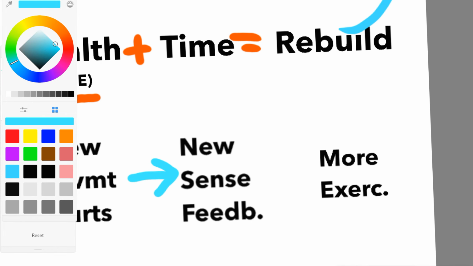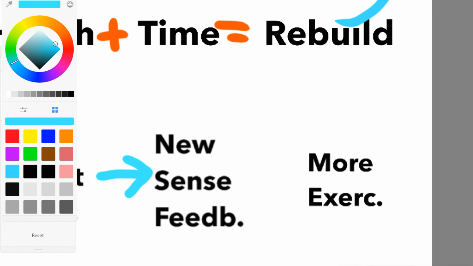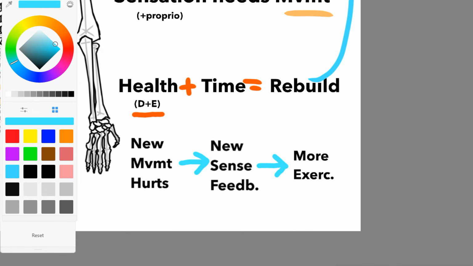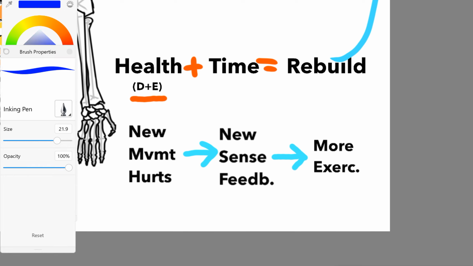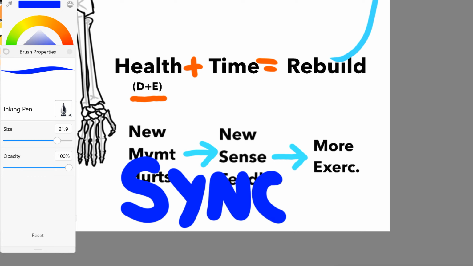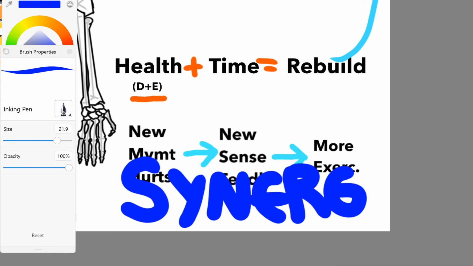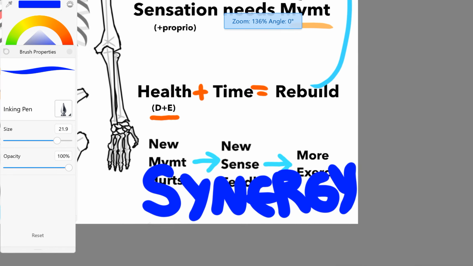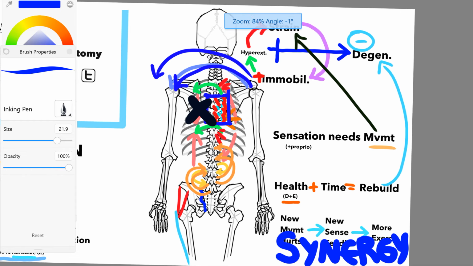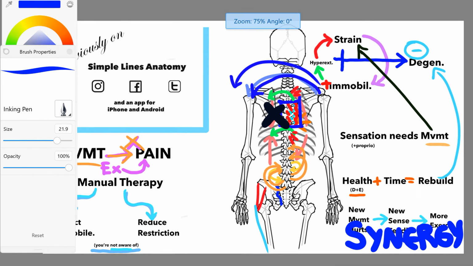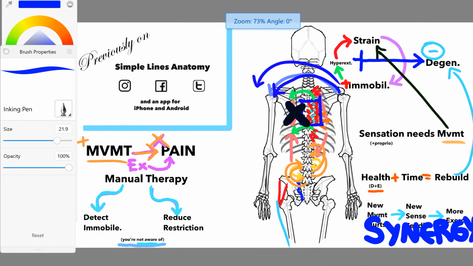And as we start to inhibit pain over time, long term, we feel better about doing more exercise. And I don't want to make this sound too much like 1980s boardroom, but as we build this, it is synergistic. We build synergy into the system. And this is really important because it's a mutually effective process. Everything building on top of itself, ultimately leading to a healthier person for lots of different reasons.